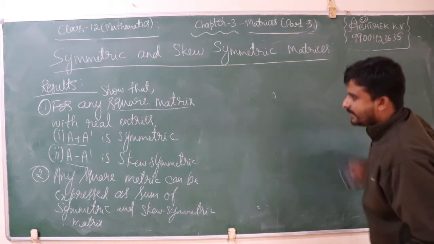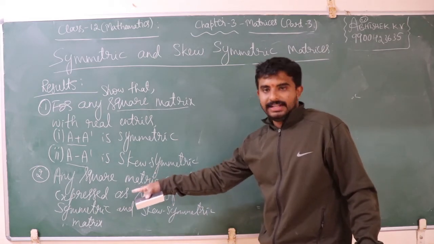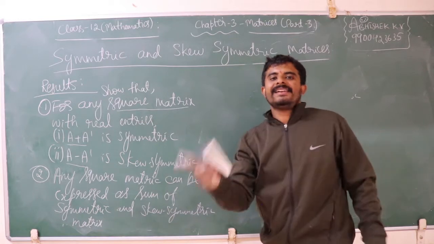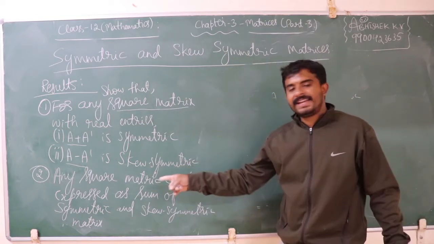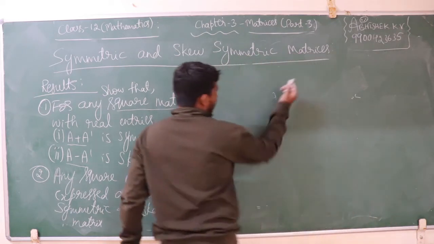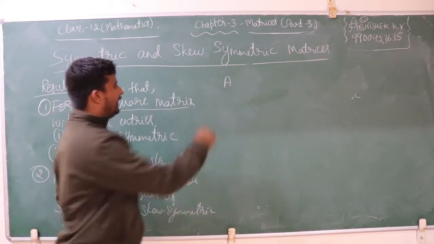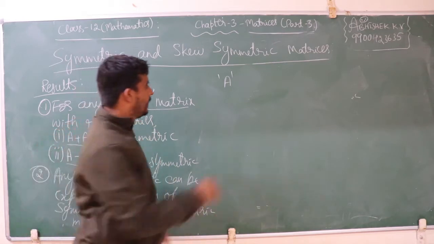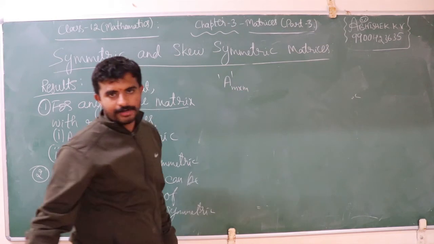That result says any square matrix can be expressed as the sum of a symmetric and a skew symmetric matrix. Consider a square matrix A of order m cross m, where the number of rows is equal to the number of columns.